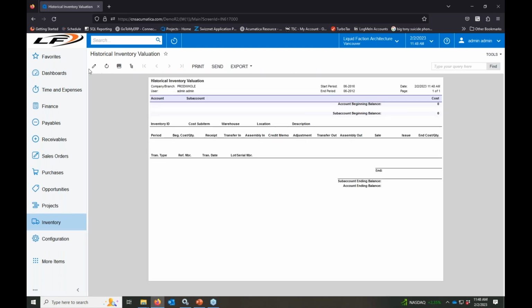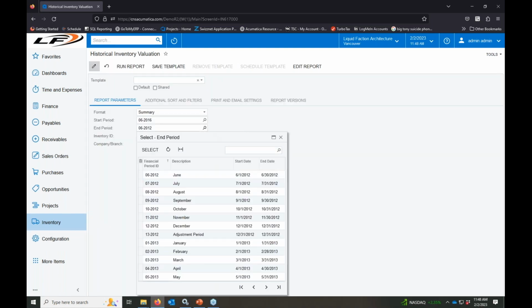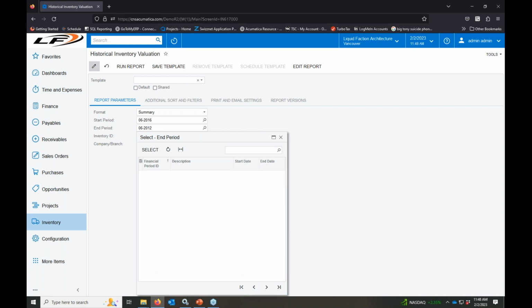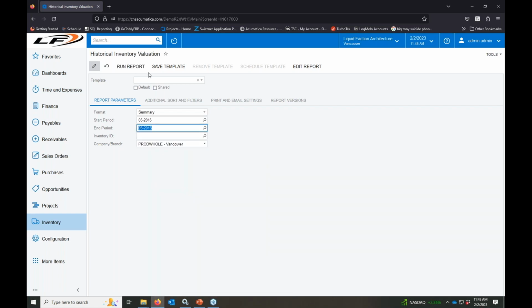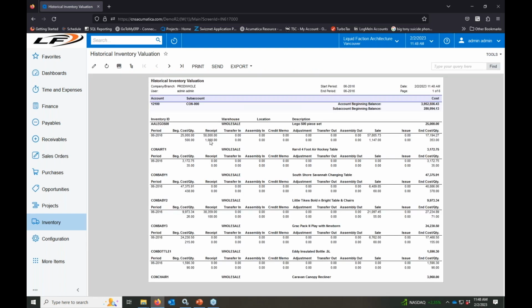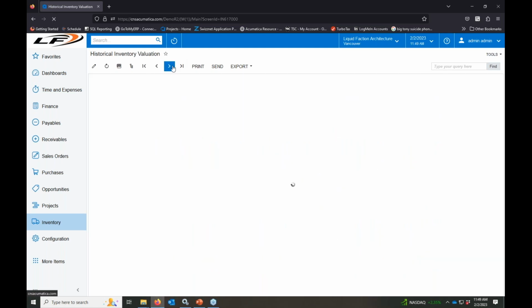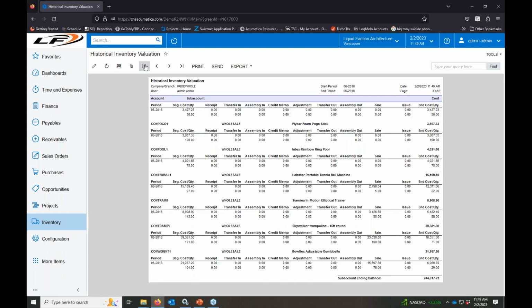Not 2012, that won't work. There we go. And we have those inventory values. So beginning, receipts, transfers in, assemblies in, all the details needed. And ending. Okay.